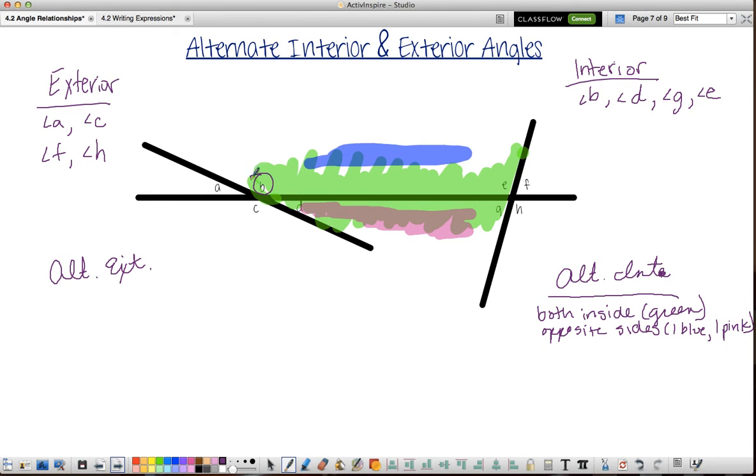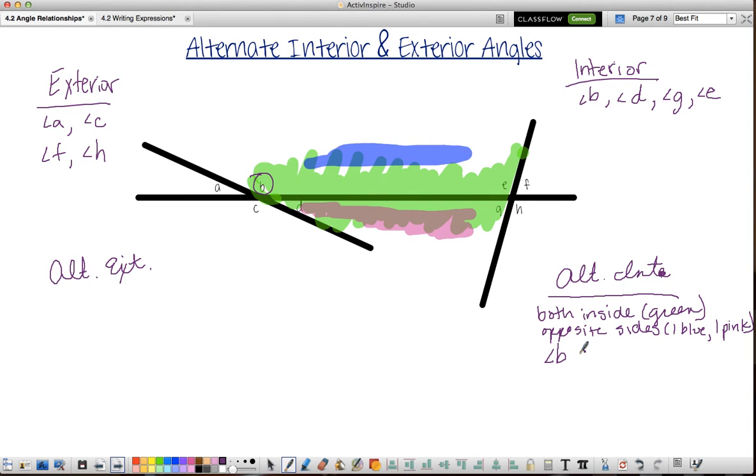Right, so let's start with B. B is inside the green and it's on the blue side. So we need one that's on pink. Okay, so it's on the opposite side, but it's got to be over here. So it's got to be on the other line.